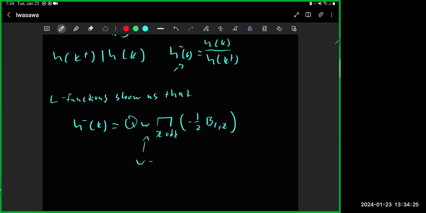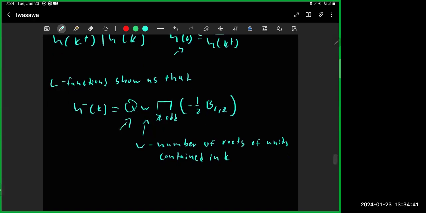W is the number of roots of unity contained in K. Q is a very specific number, but it's essentially, okay, sorry, I misplaced all my papers. I just want to be sure I'm giving the right definition. Okay, so Q is defined as the index of a certain subgroup of the unit group.